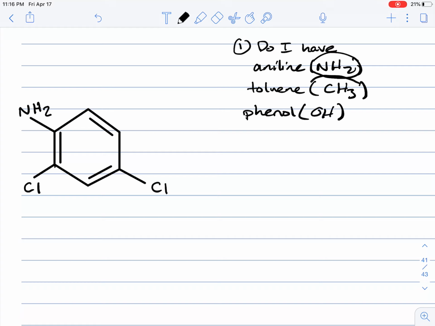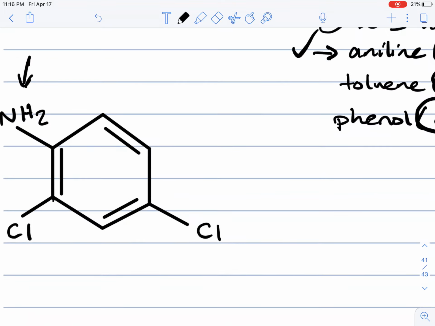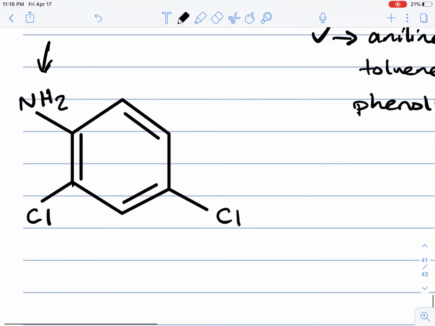So if there's a CH3 on a benzene ring, then we'll have toluene. If there's an OH on a benzene ring, then we'll have a phenol. If you look at the structure that I've presented, we do have an NH2. We do have aniline. Since we have aniline, it makes our job very easy because we now know that this is automatically carbon number 1.